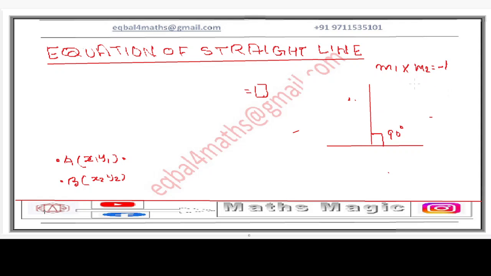In other words, if you know the gradient of one line, then the gradient of the other line will be the negative reciprocal of the first, right? So it's very easy to calculate the gradient of a perpendicular line if you know the gradient of any one of these lines, right? This is about the gradient of perpendicular lines.